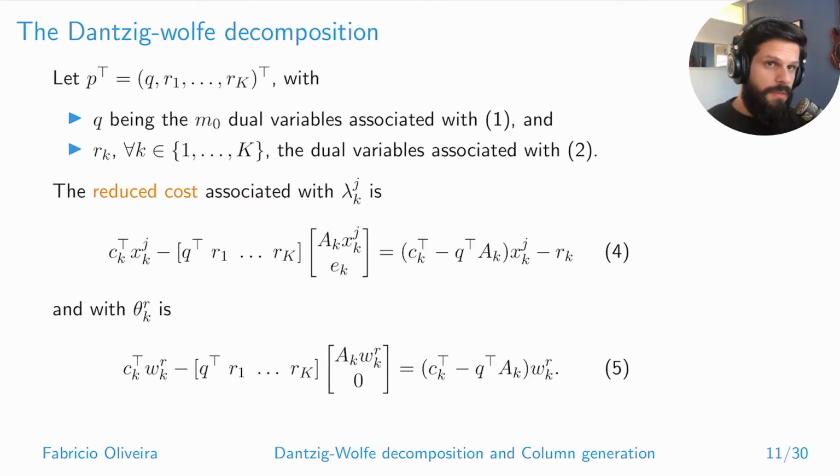So we can then think about the reduced cost of a given variable lambda, a given variable theta. And once again, the problem is that we can't really enumerate these, so we might have an incredibly large number of these and an incredibly large number of those. But when I'm thinking about how to solve this problem in a simplex method-based scheme, I'm only keeping track of M0 plus K, in a revised simplex nature.